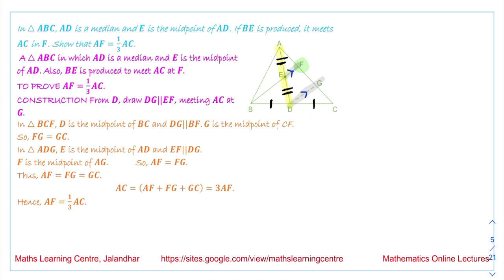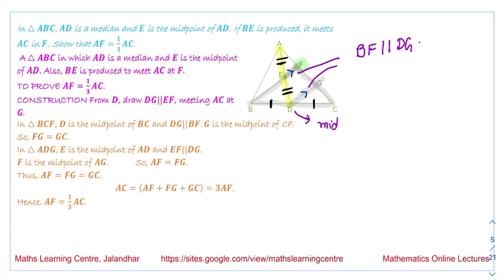Now if we consider the triangle BCF, in this triangle we have DG parallel to BF, and G is the midpoint of CF, because of the construction we have done.